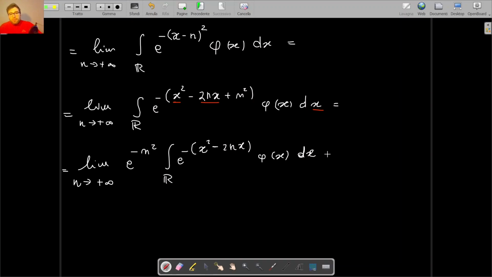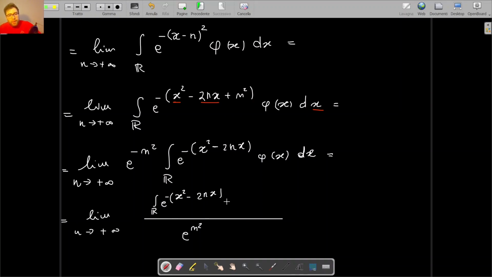Okay, and then to make things clearer, we can write the limit for n which tends to plus infinity of this. e raised to minus n squared, we can write it as a ratio, and obviously the denominator will be e raised to n squared, and then we have our integral here: e raised to minus (x squared minus 2nx) phi(x) dx.